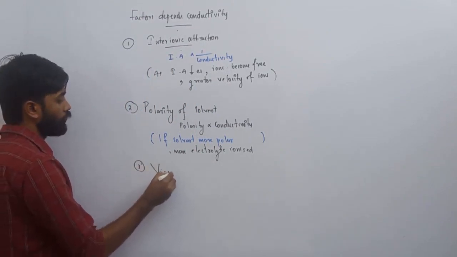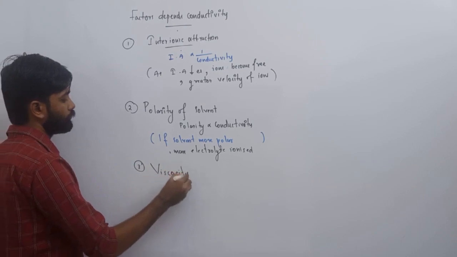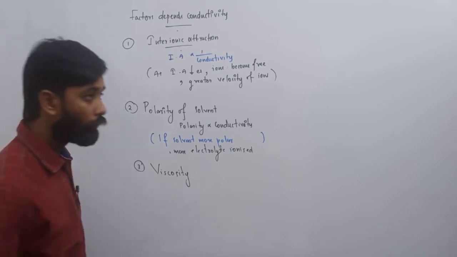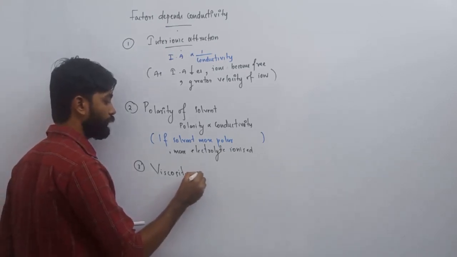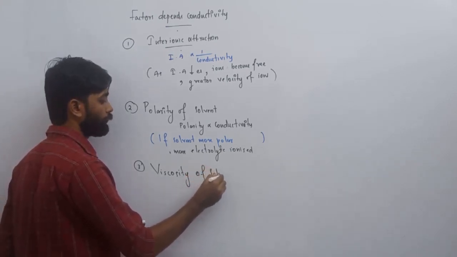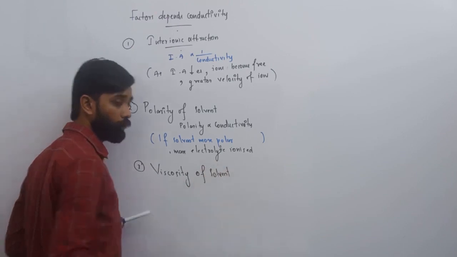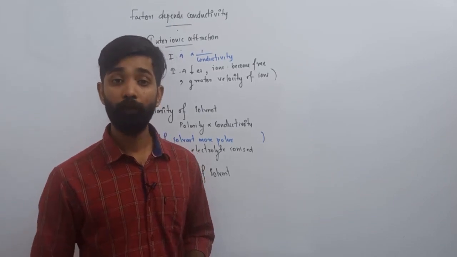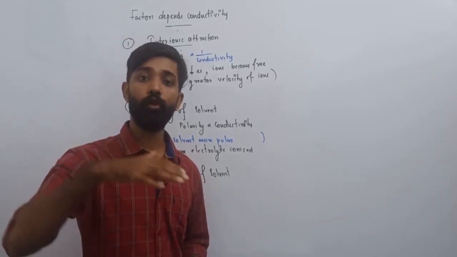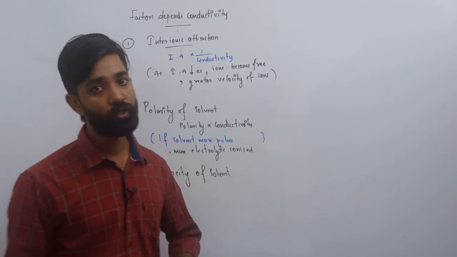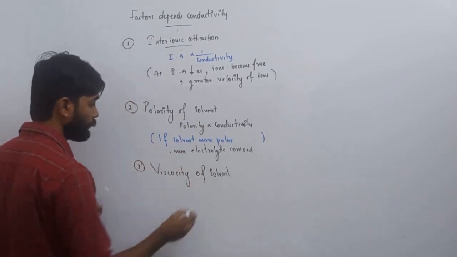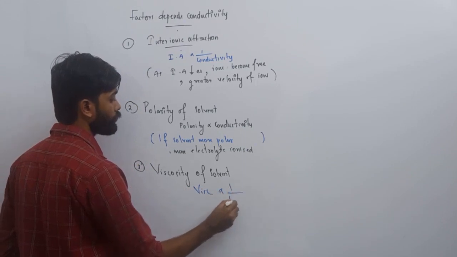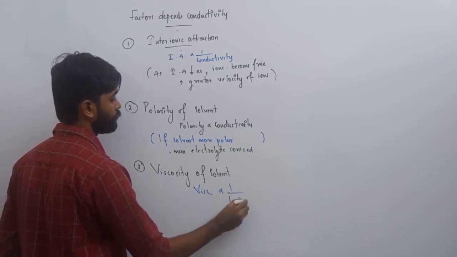Next, viscosity. The next factor is viscosity of the solvent or the medium. If the solvent is more viscous, your ionic mobility, the tendency of your ions to move, decreases, which decreases the conductivity. So viscosity is inversely proportional to conductivity.